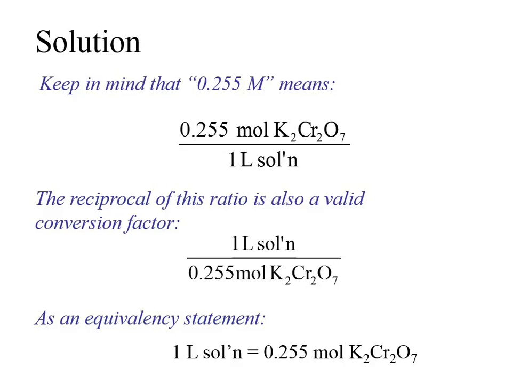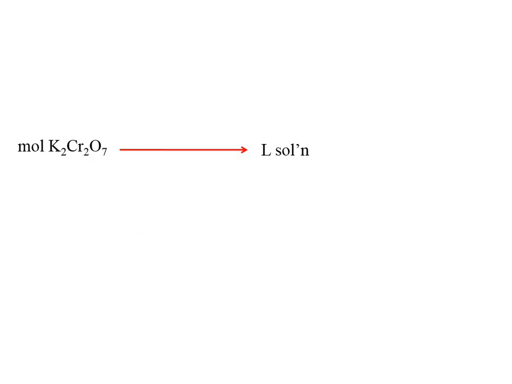Okay. So we're going to go from moles to liters of solution using molarity. Moles of K2Cr2O7 to liters of solution using 1 liter of solution is equal to 0.255 moles K2Cr2O7.